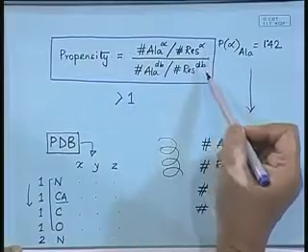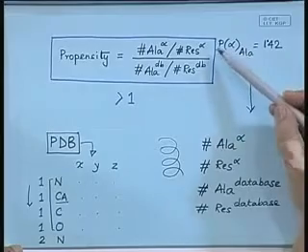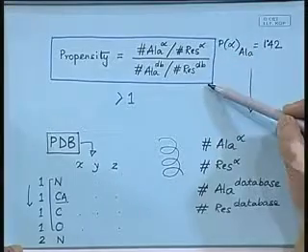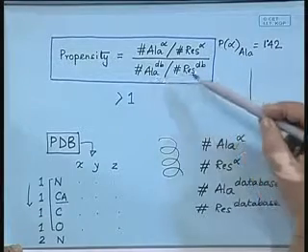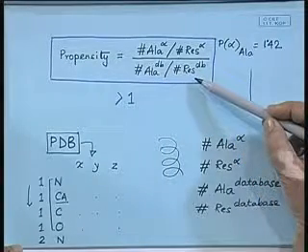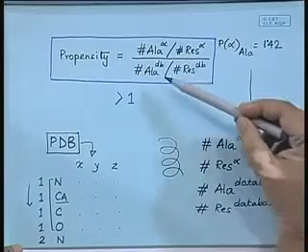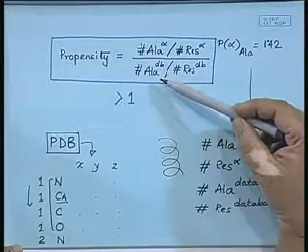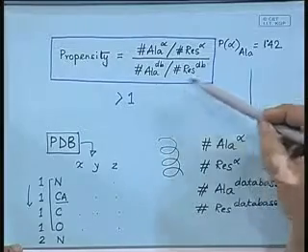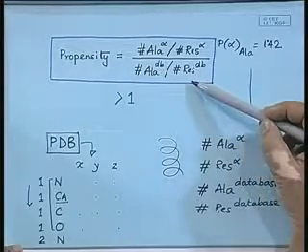What do I mean by that? This will give me some idea as to whether alanine is preferred in helices or not, because this gives me the number of alanine in the whole database, right?